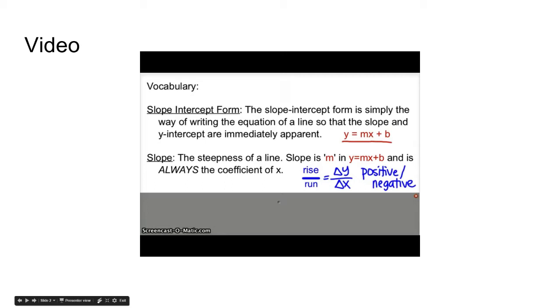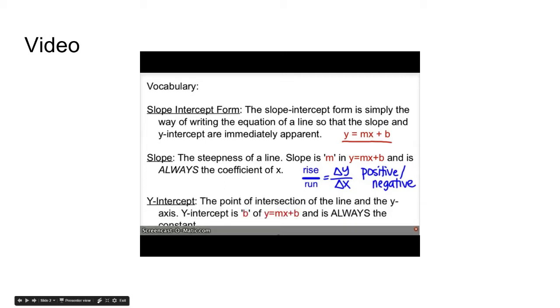The last vocab word that you need to know is the y-intercept. It is the point of intersection of the line and the y-axis. So hence the y-intercept: on the y-axis, and intersection, where they run into one another.